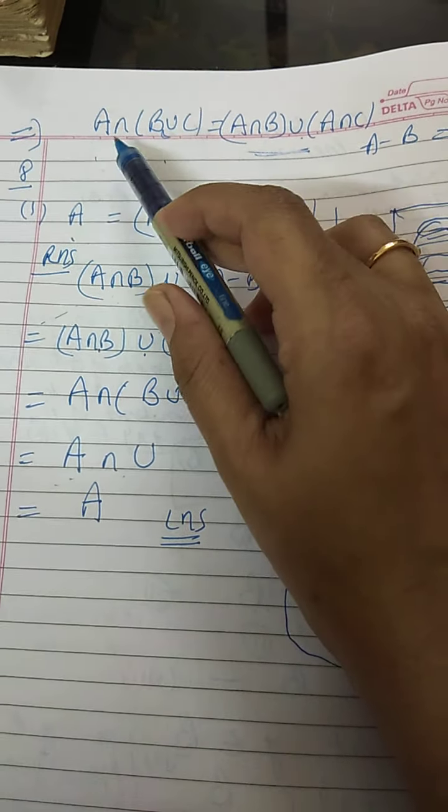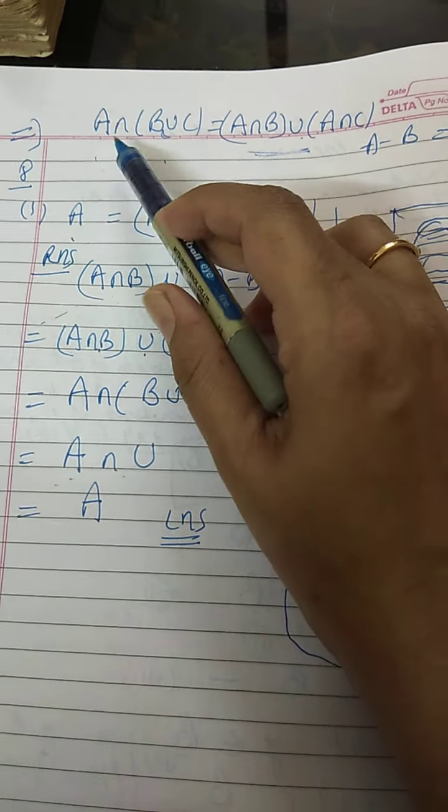Now here which rule will we apply? The distribution of union on intersection. So it will be written as (A union B) intersection (A union A complement). This is the distribution of union upon intersection: A union (B intersection C) is equal to (A union B) intersection (A union C).